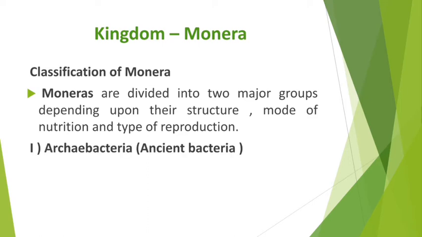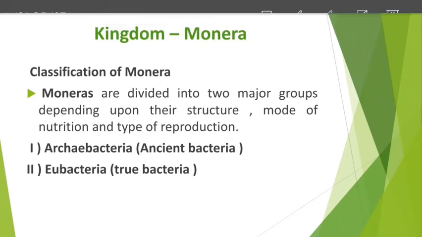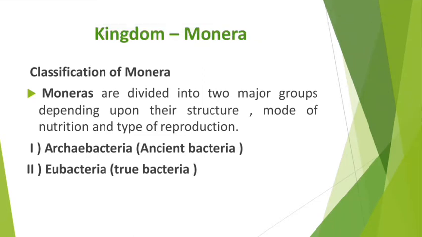Number one is known as Archaebacteria. Archaebacteria is also known as ancient bacteria. As from the name, we can say that these are very ancient bacteria. Then number two is Eubacteria, which is also known as true bacteria.